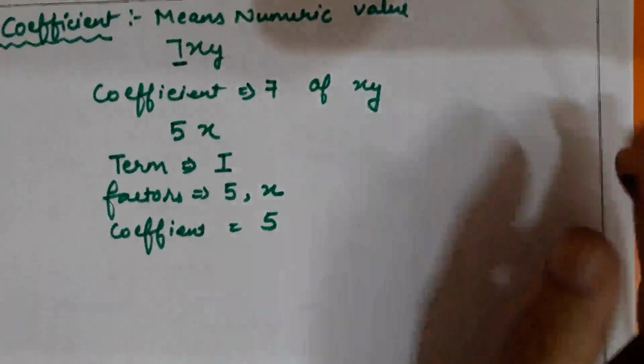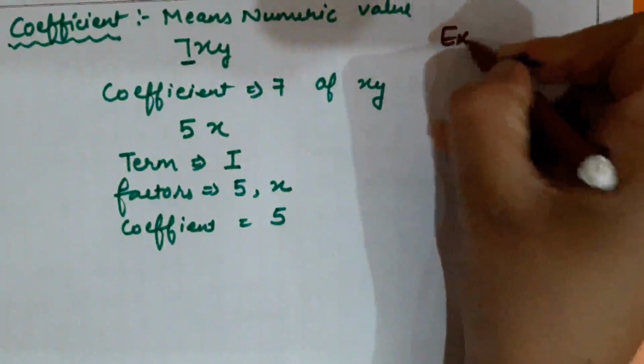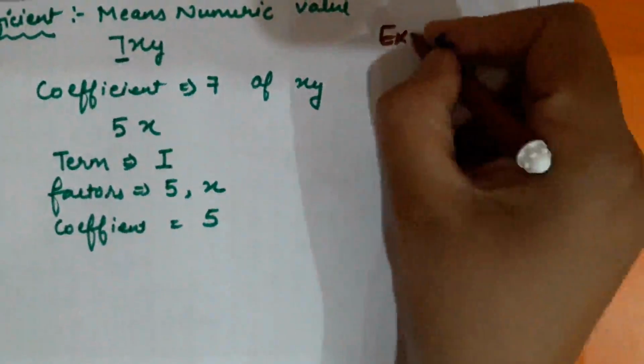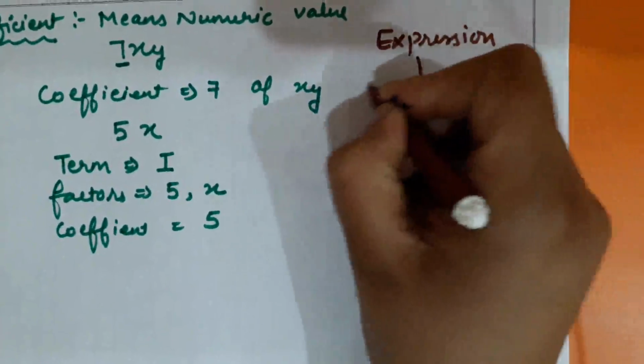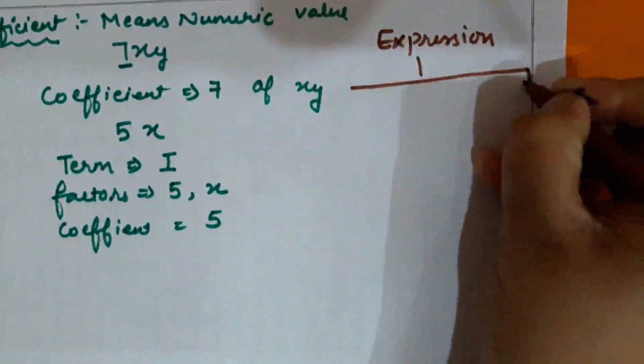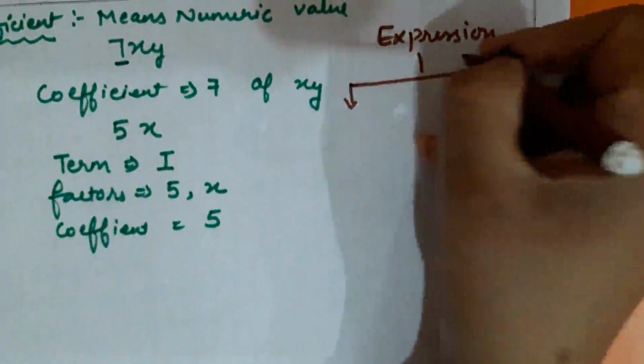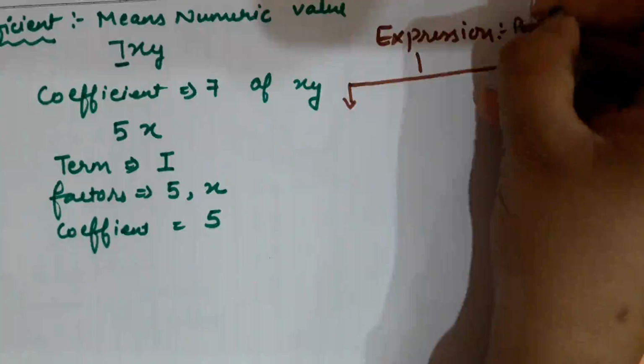Children, now expressions are having 3 types. In this we are having polynomials.